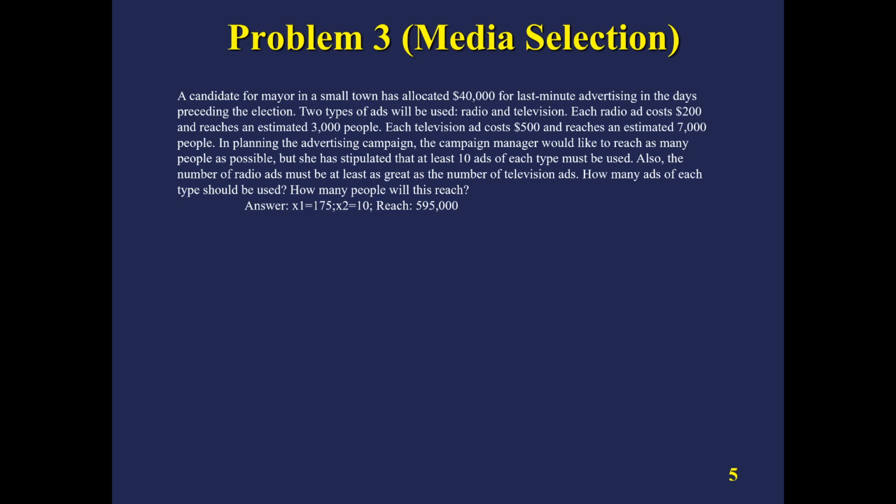In planning the advertising campaign, the campaign manager would like to reach as many people as possible, but she has stipulated that at least 10 ads of each type must be used. Also, the number of radio ads must be at least as great as the number of television ads. How many ads of each type should be used? How many people will this reach?